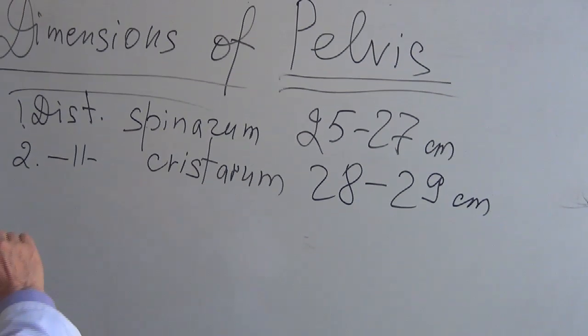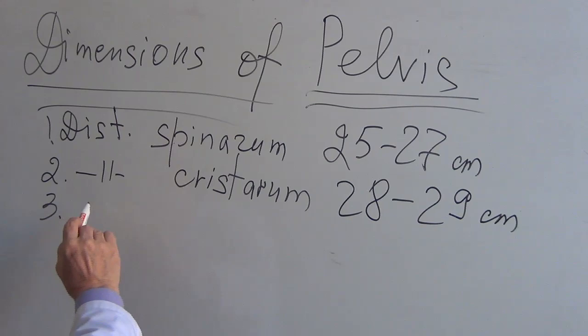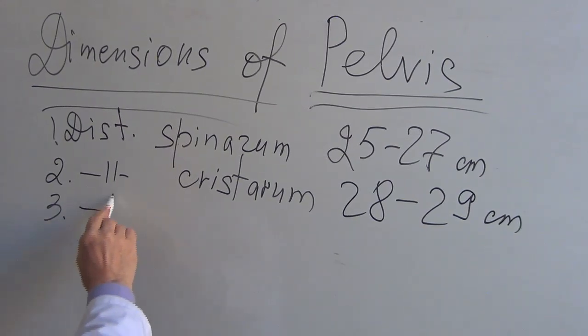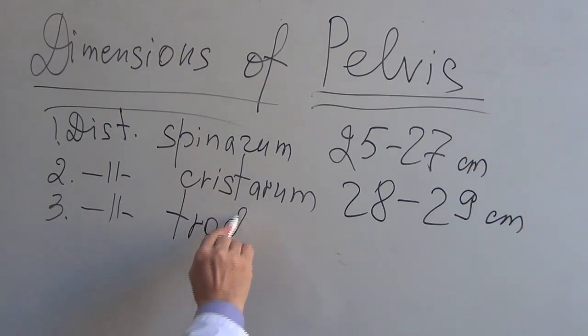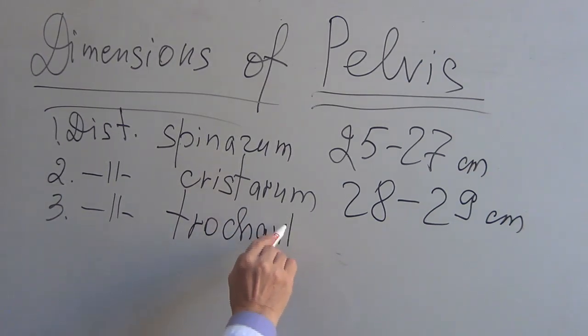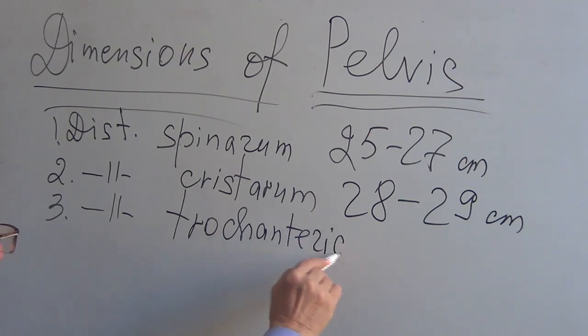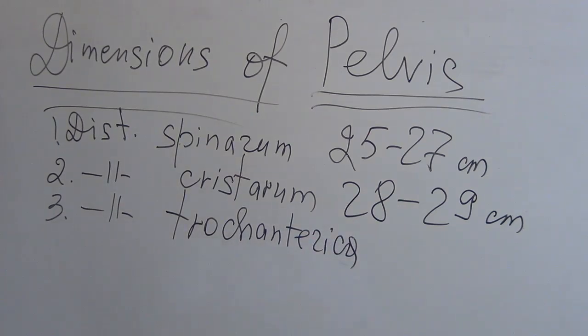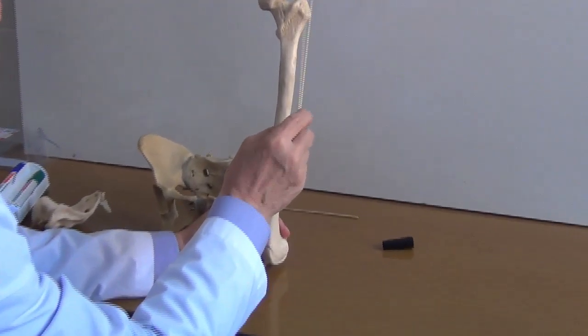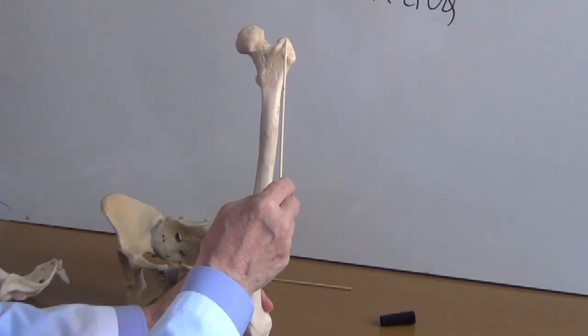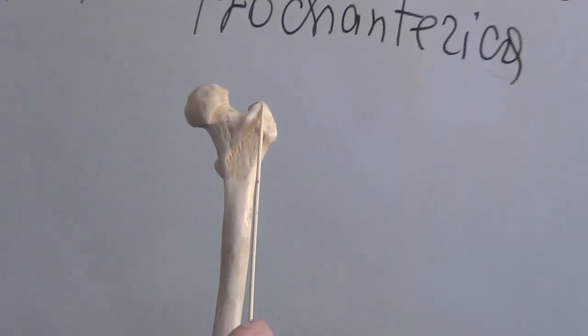And the third dimension is distantia trochanterica. The trochanter is this structure on the femoral bone.